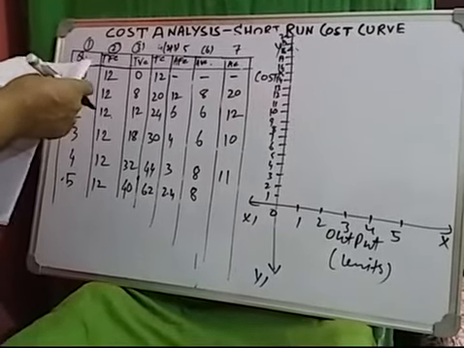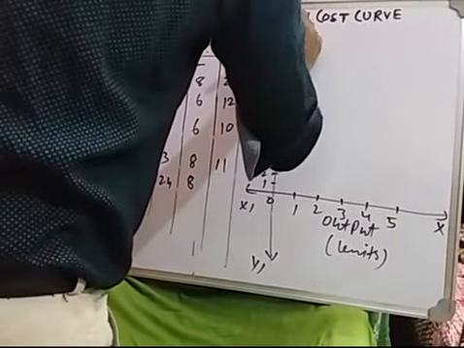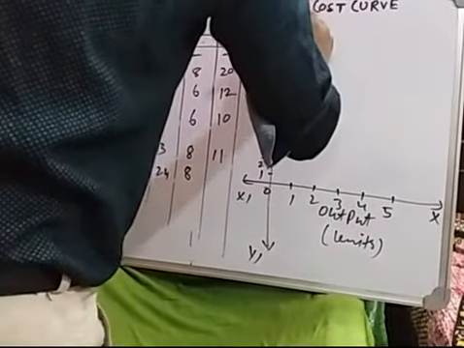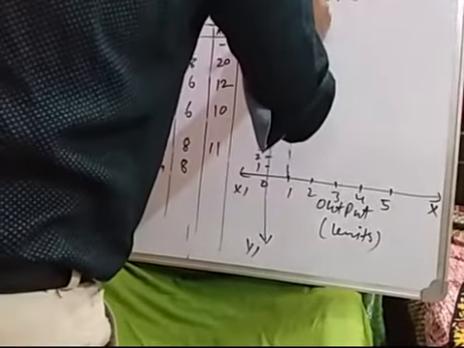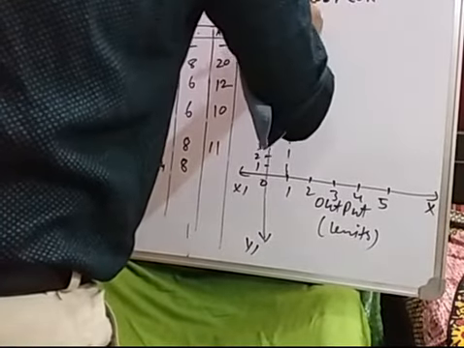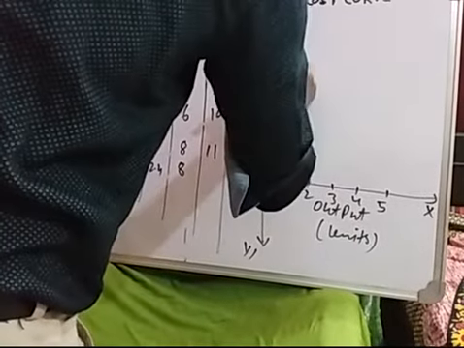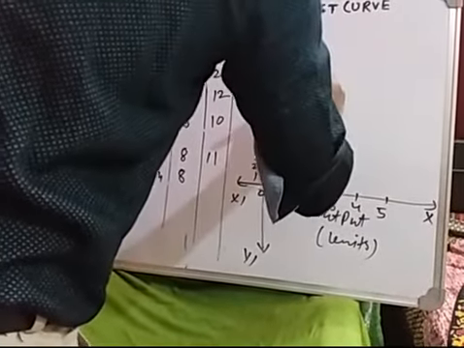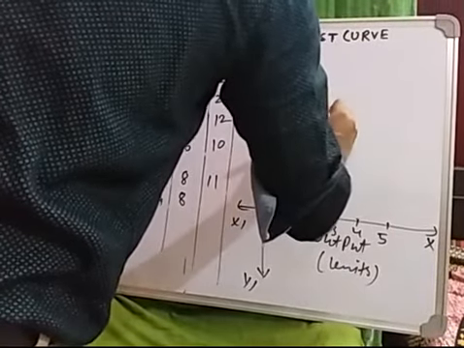Now first point is 1 comma 20. Now is 2 comma 12. Now is 3 comma 10.